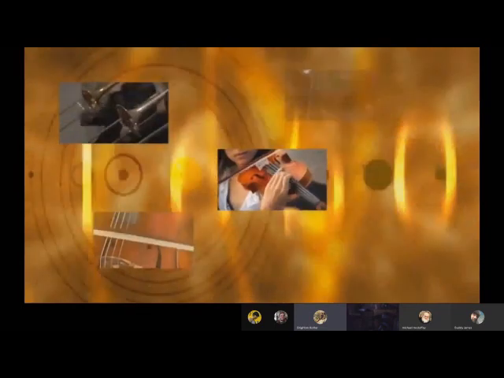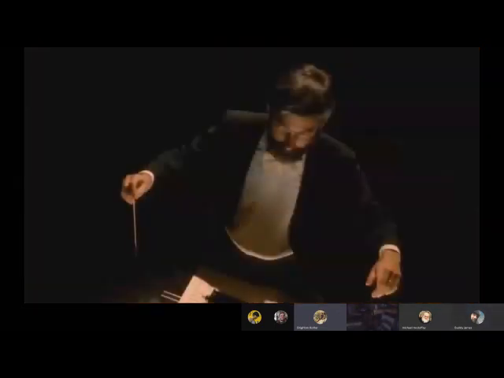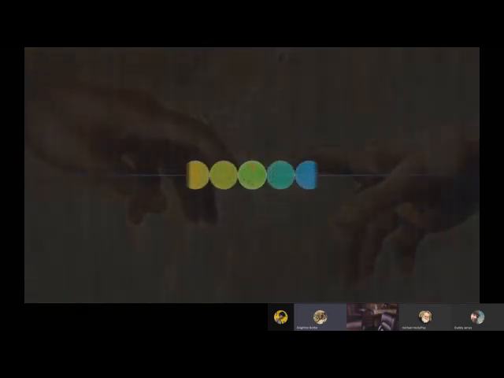Until, under the guiding principles of order, discipline, balance, measure, time, and harmony, the many remembered again their oneness.